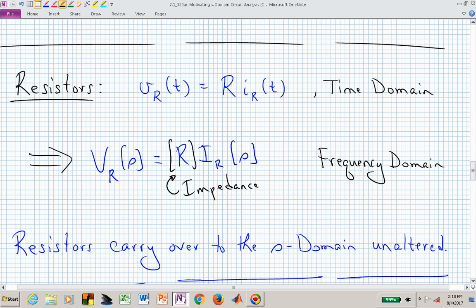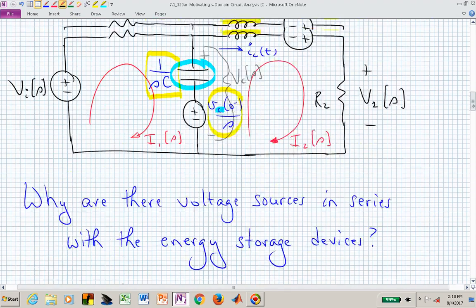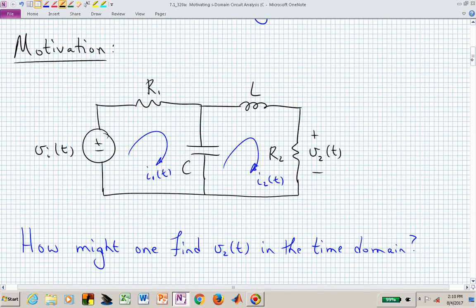We just put those in the circuit in the S domain exactly like they would have appeared in the time domain circuit. And you can see that is the case here. In our S domain circuit, you can see R1 is horizontal in the first mesh, R sub 2 is vertical in the second mesh, and that's consistent with what they looked like in our initial time domain circuit.